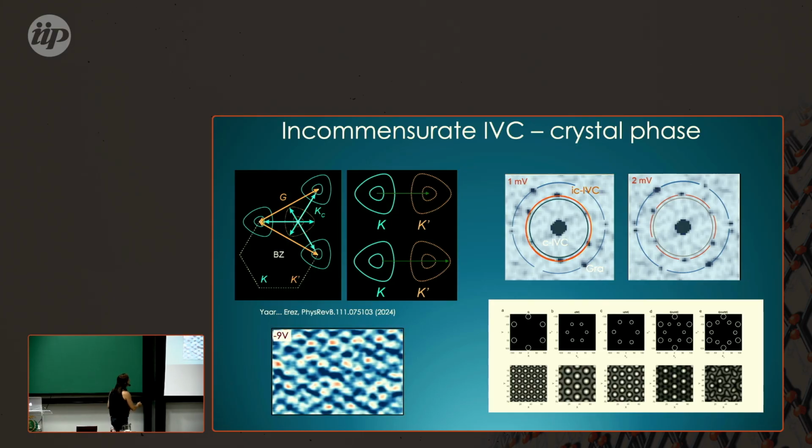And this can also explain why this looks disordered, because here we did some simulation where we took the graphene order, and then the IVC commensurate and incommensurate, and when you merge them together, it looks quite disordered. So this can explain also the disordered real space mapping that we see in our measurement.